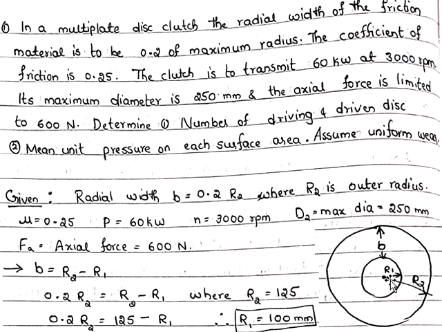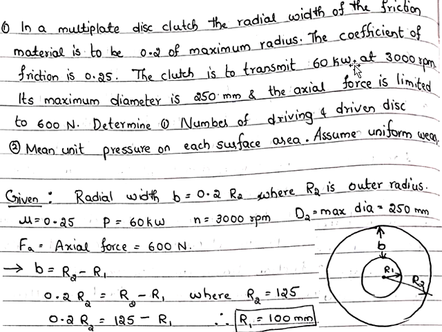R1 is the inner radius, R2 is the outer radius, and B is the width of friction material, and it is given that this width is 0.2 times the maximum radius. So width is B, maximum radius is R2. I can write the relationship B equals 0.2 times R2, where R2 is the outer or maximum radius. Coefficient of friction is given as 0.25.